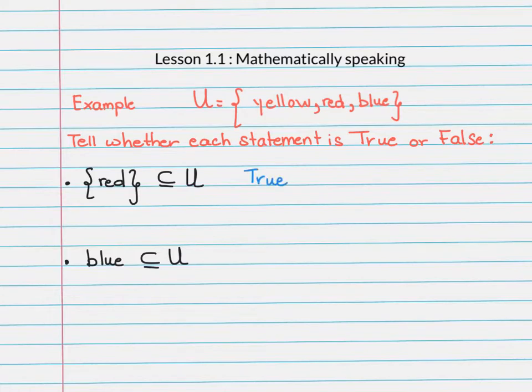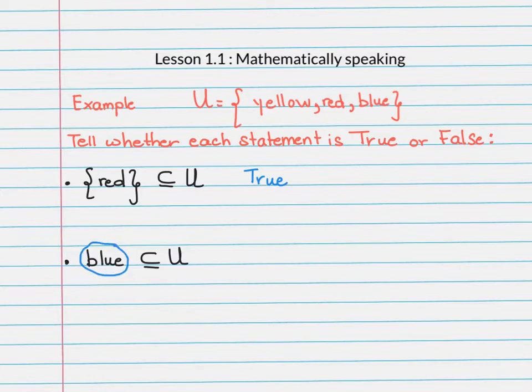The second statement, blue is a subset of U. True or false? We said we have two conditions. To use the symbol subset, I should have two sets. This should be a set and this should be a set. But look over here. This is not a set. Why is it not a set?